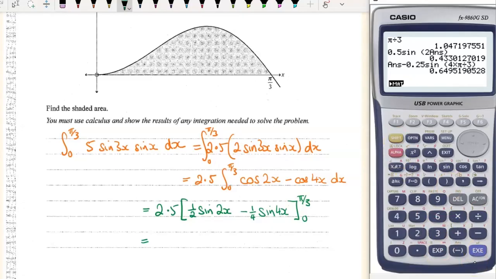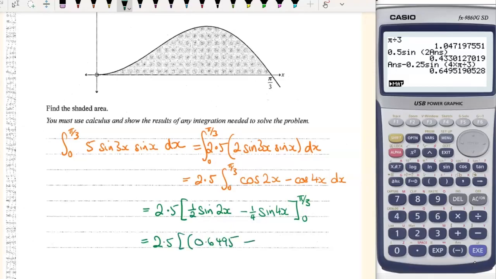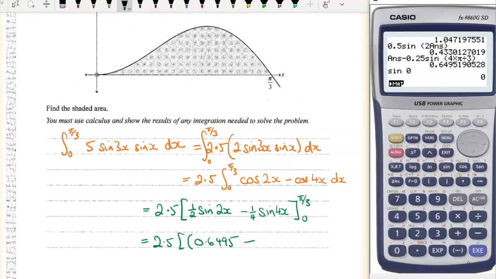Then, okay, so we've got 2.5, 0.6495 minus, if I put 0 in for sine, then that I get 0. So each of those would be a 0 when we sub in the value of 0.